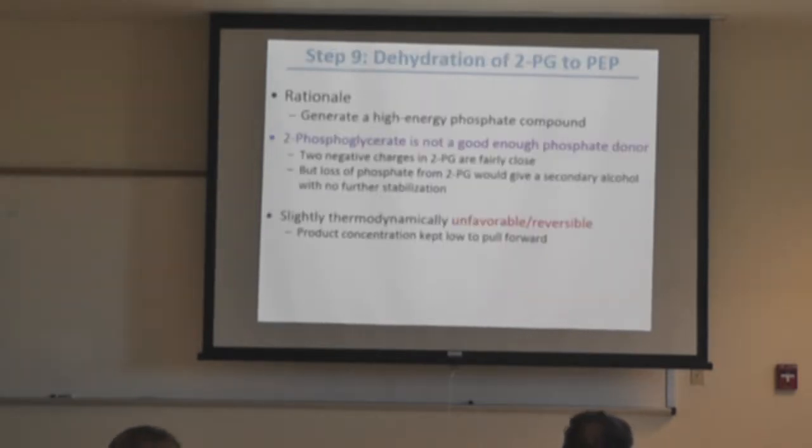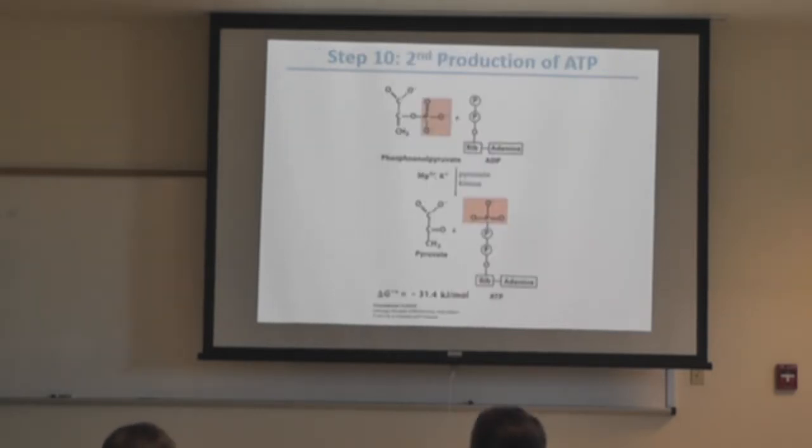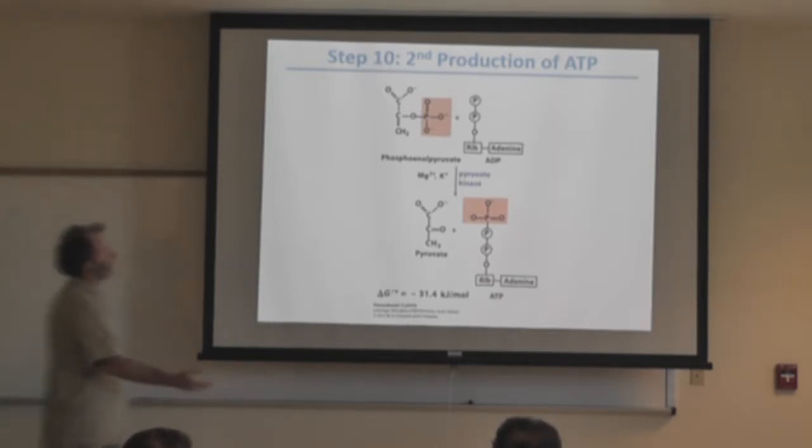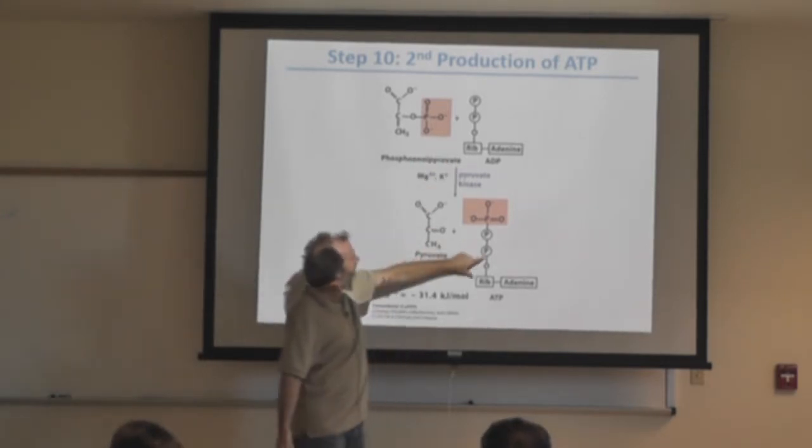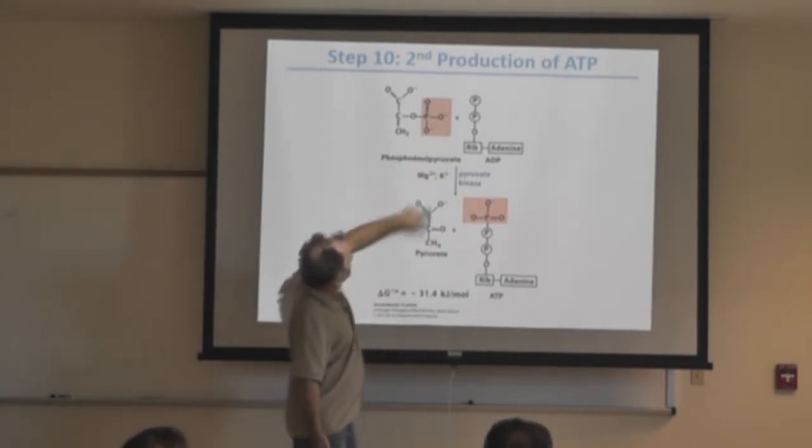So now we have, where are we? Phosphoenol pyruvate. And so this is pyruvate kinase, this last mechanism, right? And pyruvate kinase, again, is a substrate level phosphorylation, so we end up with ATP and pyruvate.